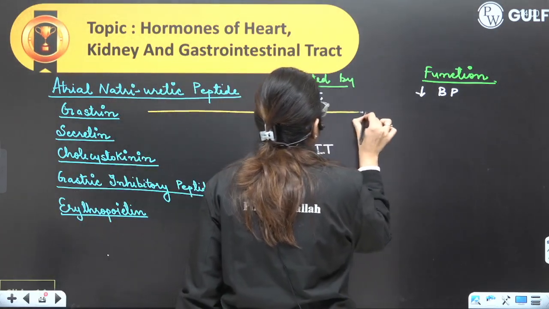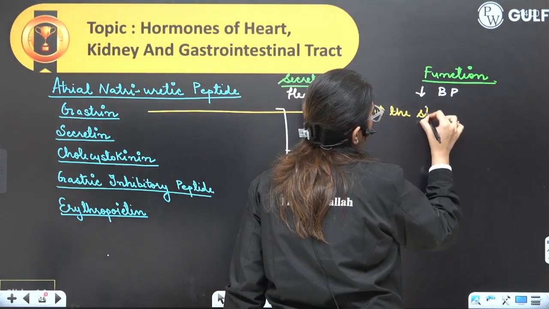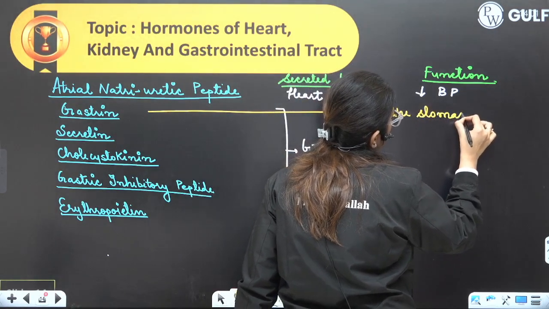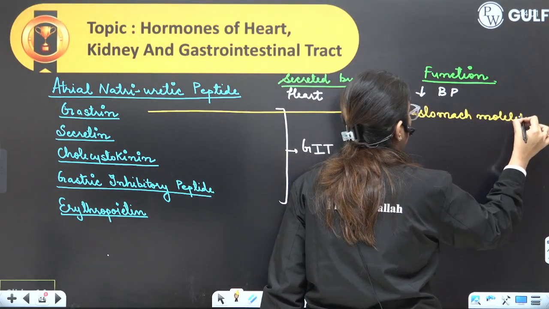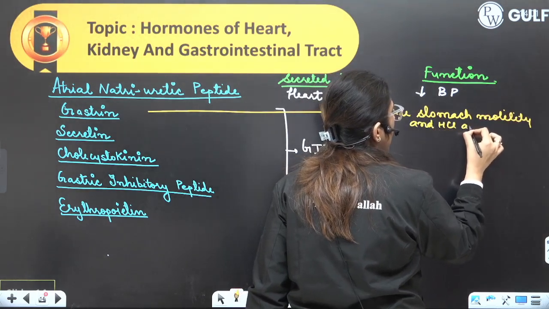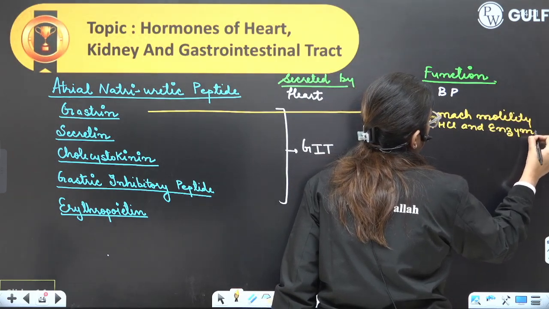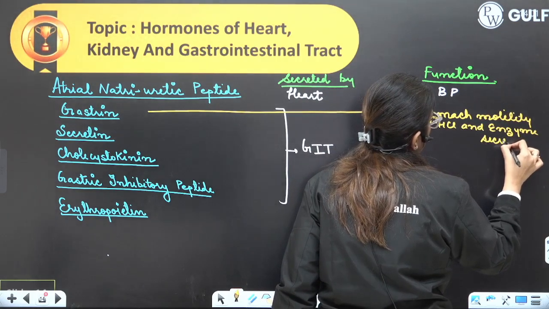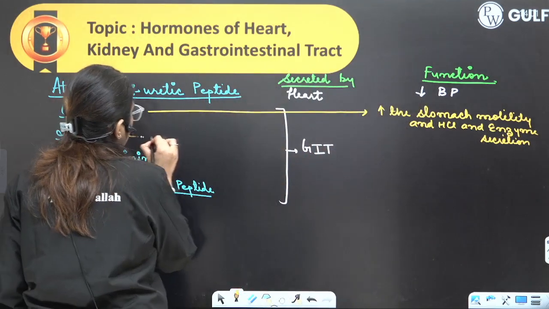Gastrin increases the stomach motility and HCl and enzyme secretion. This is gastrin. Next is secretin.